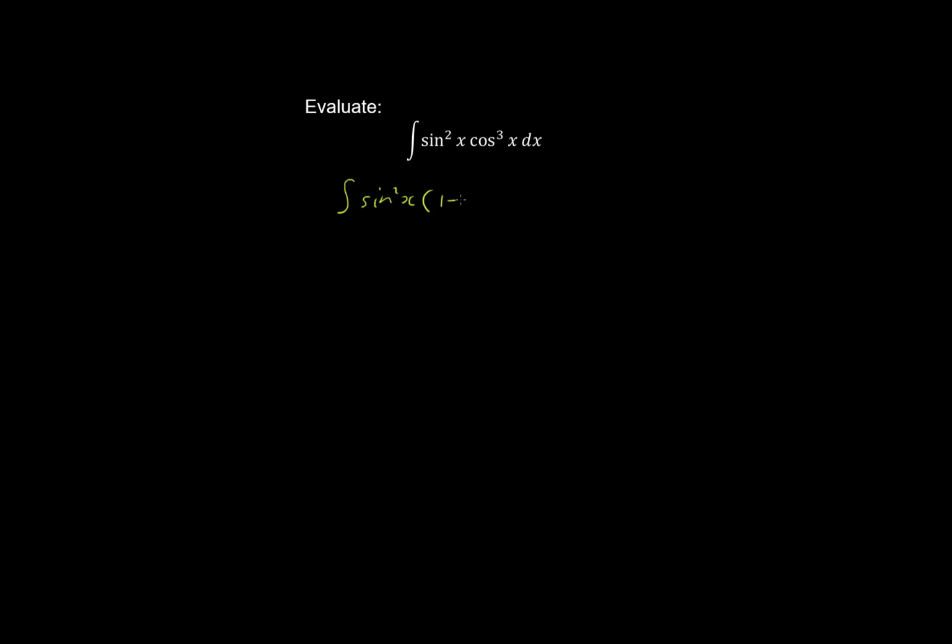So cosine squared x is 1 minus sine squared x by the trig identity, and multiplied by cosine x integrated with respect to x. And now we can let u equal sine x, then du is cosine x dx.